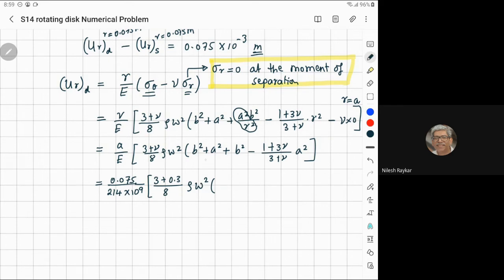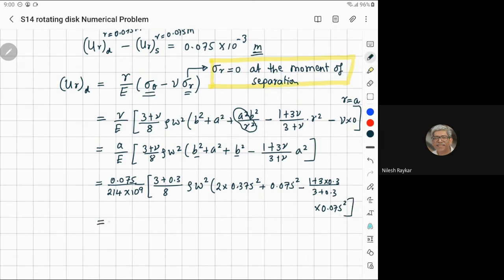Then we have b square and b square, 2b square. So that is 2 multiplied by the outside radius of the shaft, which is 750 by 2 or 0.375, the whole square, plus a square, so 0.075 the whole square, minus 1 plus 3 into 0.3 divided by 3 plus 0.3 multiplied by 0.075 the whole square.